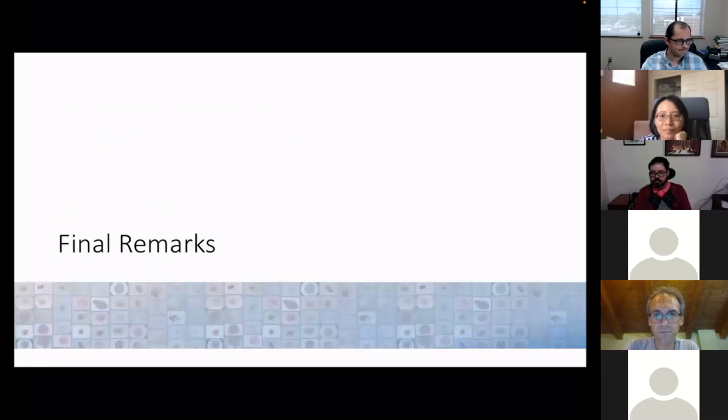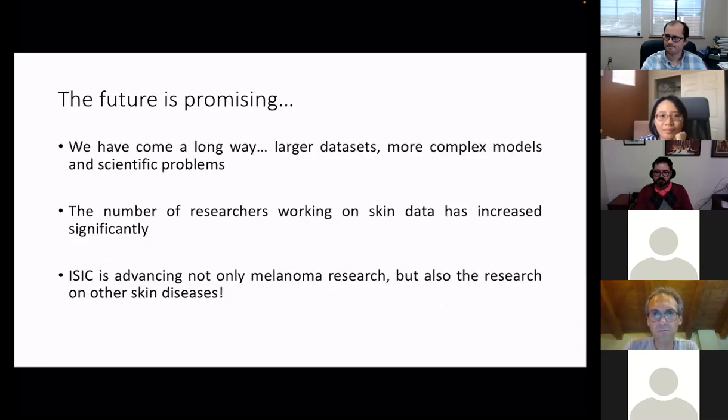Finally, this brings me to the final remarks. What I see from this workshop, and not only from the workshop, but also from the special issues and the submissions that we have been receiving, is that we have come a long way. Since 2016 our datasets have been increasing, and we have been working with more and more complex models.